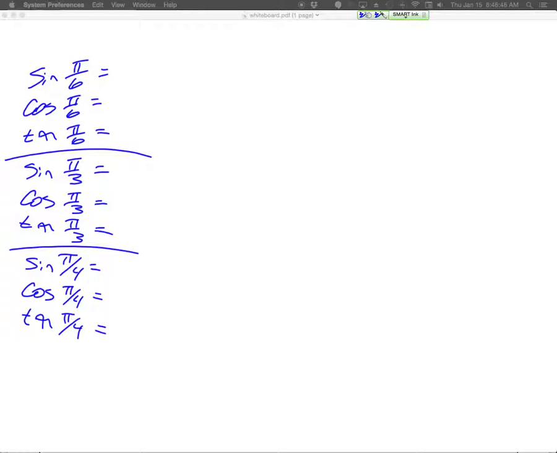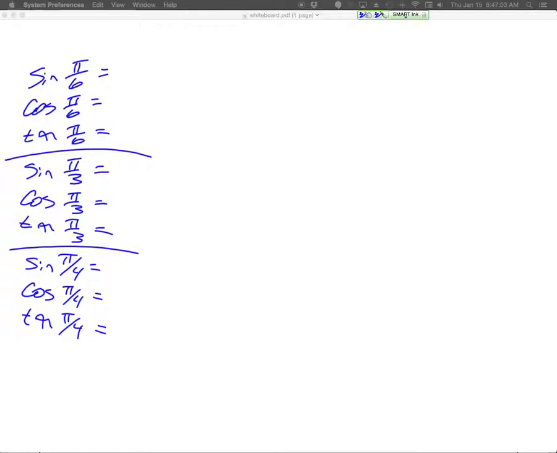All right, so we need to know these 9 to be able to do what we want to do today with the inverse trig function stuff. So what is sine of pi over 6? Which angle is pi over 6? 30. What is sine of 30?